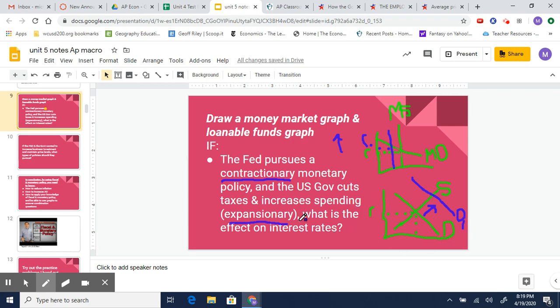They're giving more money back to the people, and they're spending more. So they're going to need to borrow more money. There's crowding out. So in both cases, interest rates have risen. And so the answer here is interest rates have went up. When the Fed sells bonds, increases discount rates, pursues contractionary monetary policy, and then the government does the opposite, interest rates are going to increase.